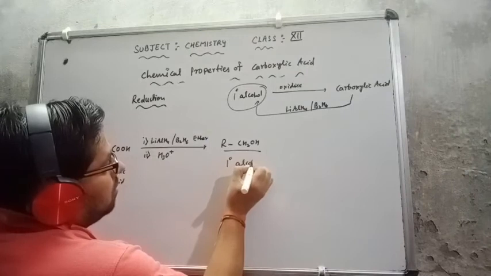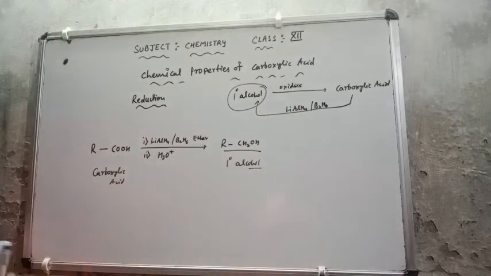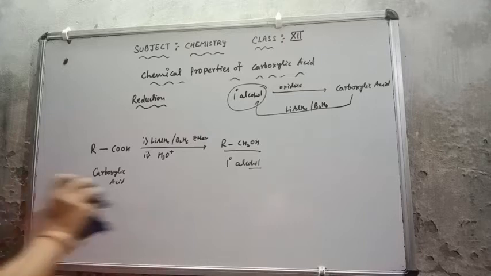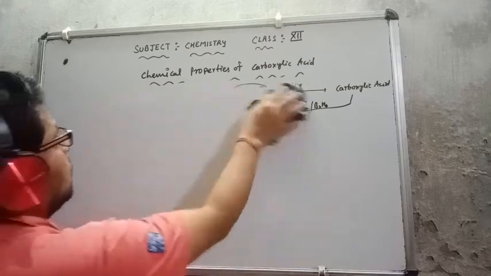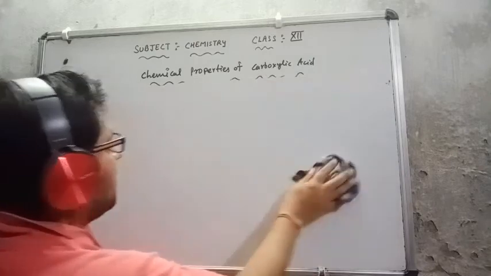Primary alcohol. This is the reaction. Now in the place of the alkyl group you can take any other thing. Now how this reaction is completed, the mechanism, I am going to discuss with you.